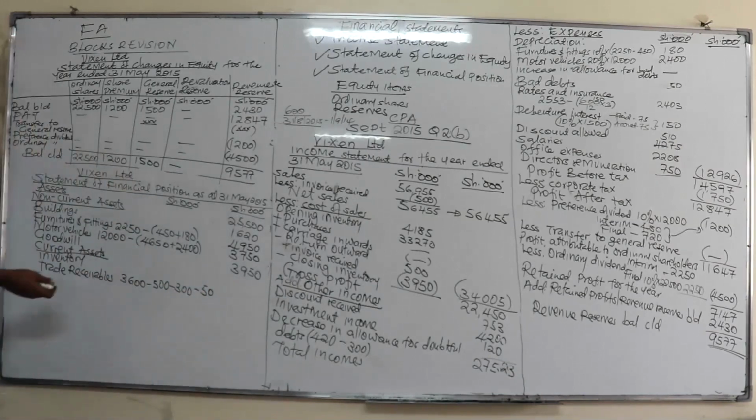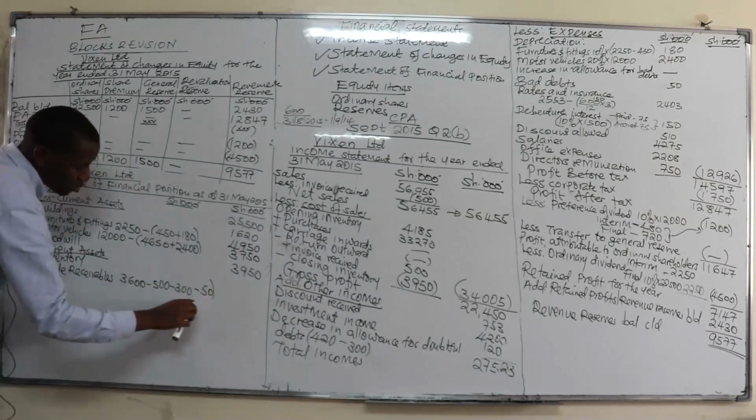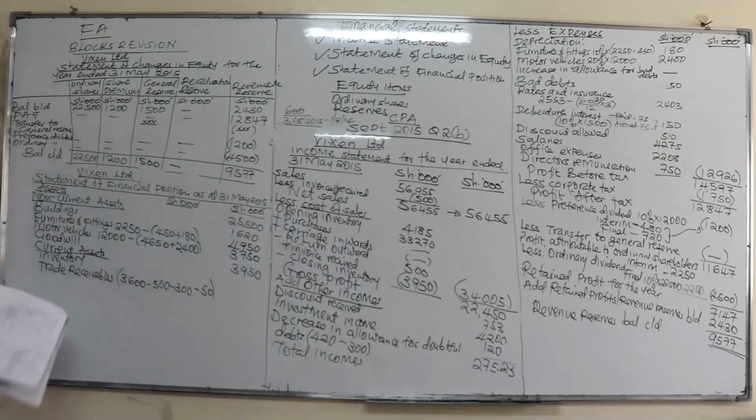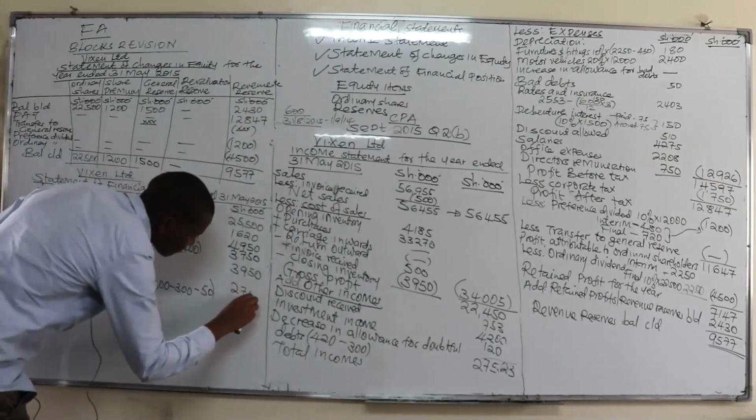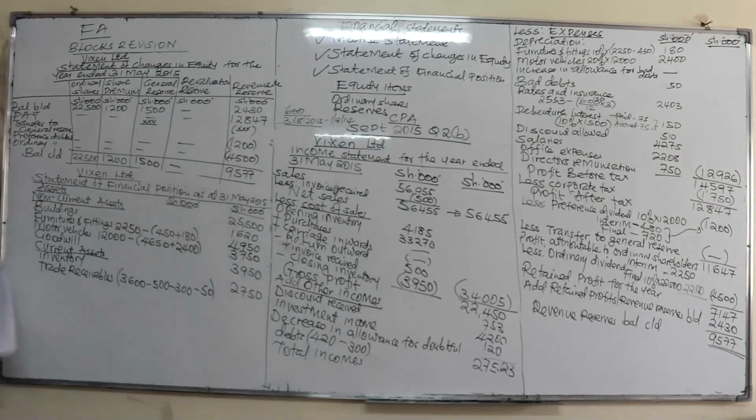Out of these are the amount that you are expecting not to receive. So you get the balance, which is 3600 minus 500 minus 300 minus 50, which is 2750.